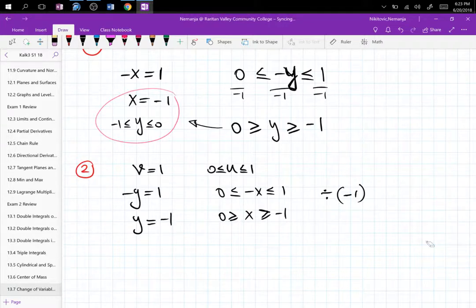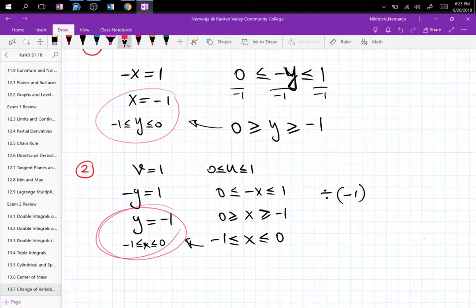Oh, one more step. -1 less equal than x less equal than 0. There we go, much better. So bring this forward, and now what do I have? I have y is equal to -1, and I have that x is stuck between -1 and 0. So I'm going to circle this lightly because that is my second line transformation.